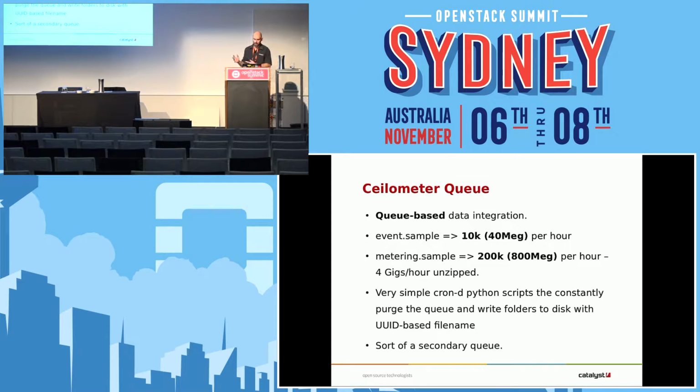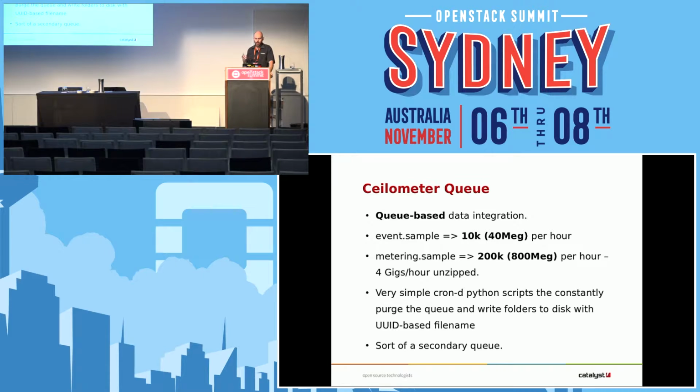It's actually quite a busy system in the sense that there's 3 queues for Ceilometer. There was another one, info notifications, I think. But the 2 queues that we were very much looking at were event sample, which had some audit messages, and metering sample. I will admit to not understanding all the messages that are in the Ceilometer queue, and it will vary, I understand, but we went looking for what we needed, did a fair amount of analysis, and if we didn't need something, we didn't try to reverse engineer it.